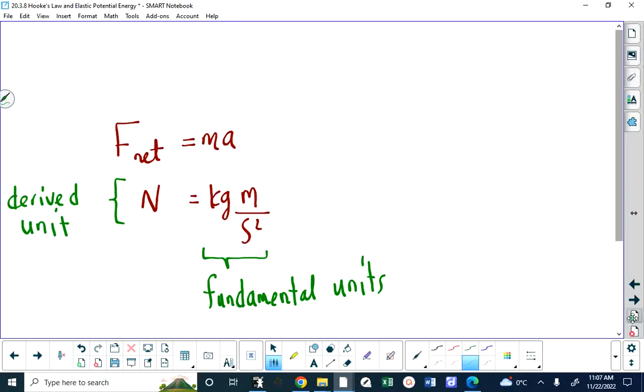And what a fundamental unit is, somebody somewhere along the way, it's hard to imagine this, when science was being constructed in the world and we had to measure things, somebody said, well, let's measure something to be a meter. And they defined a meter to be a particular length. I can't remember, so don't quote me on this, but I think the original definition of a meter was how far along the surface of the Earth you go for a particular angle of latitude.